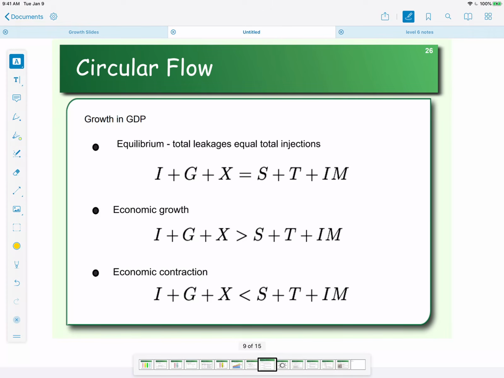If our injections are more than our leakages, then our economy is going to grow. But this is temporary growth, right? These are just short-term changes in investment spending, that's businesses, or in the amount that we're saving or paying taxes. What we want to focus on at this level is how you get sustainable long-term growth, not just short periods of growing or shrinking. So the next couple of videos are going to look at that long-term growth.